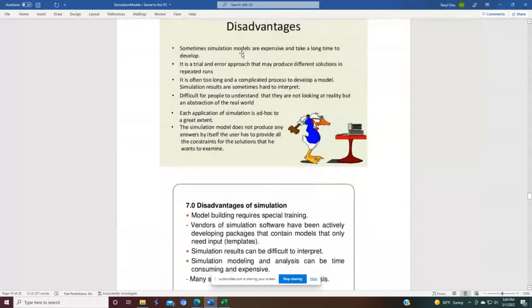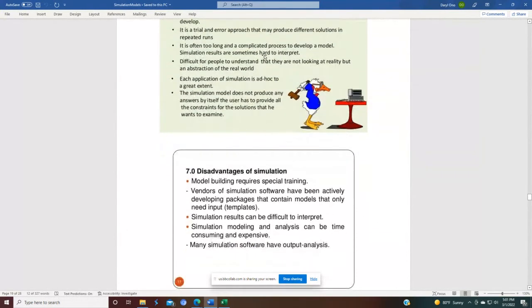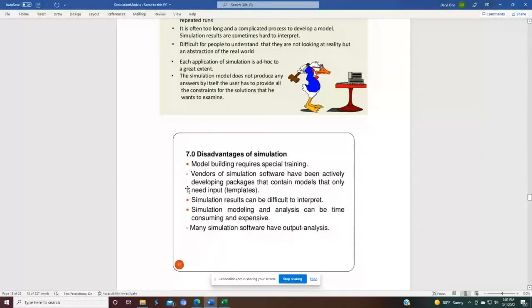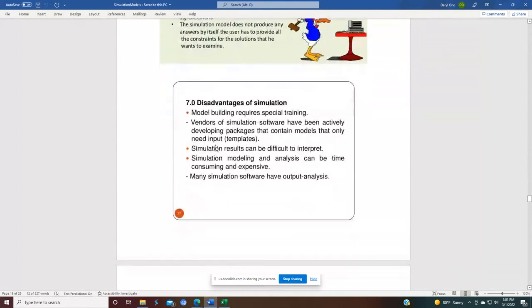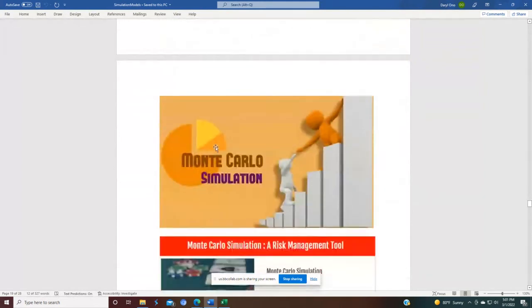You can see at the top here, what's the first thing this one says? The models are expensive. Okay, and in this one down here, the modeling requires special training, a lot of programming potentially that's involved.